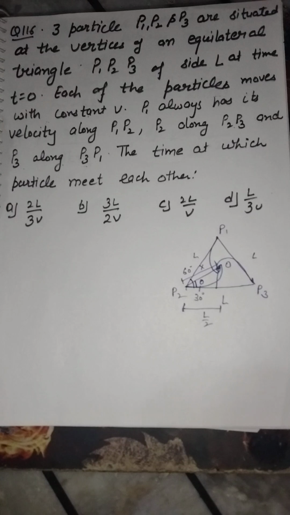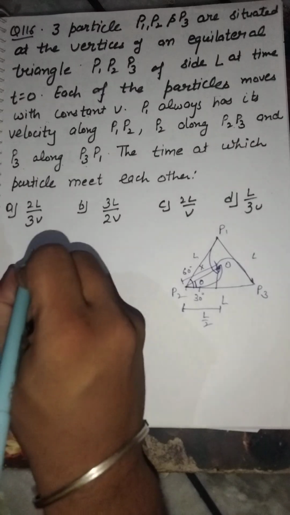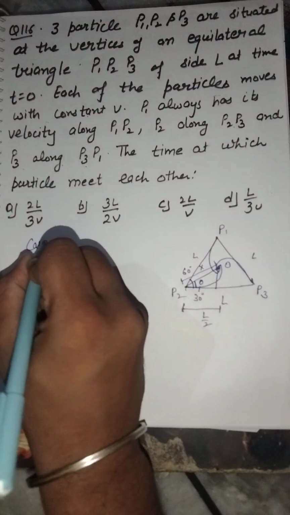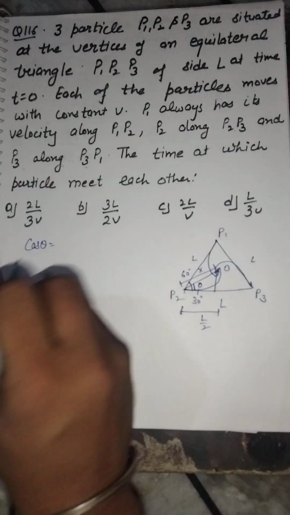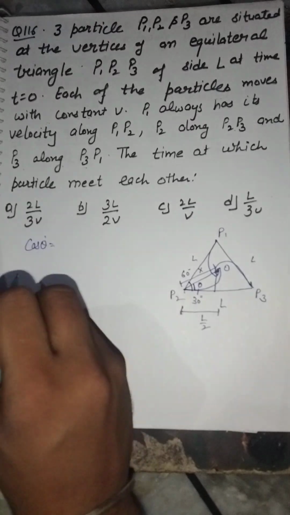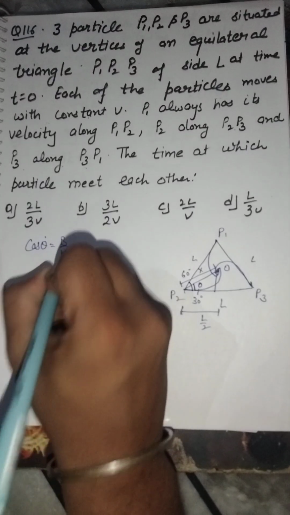Now we apply trigonometry. According to trigonometry, cos theta is equal to base upon hypotenuse.